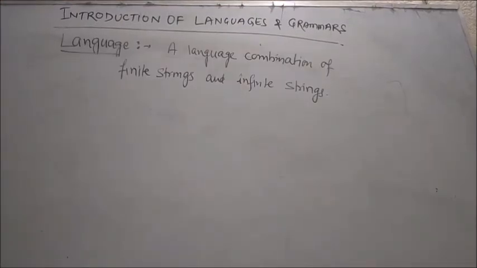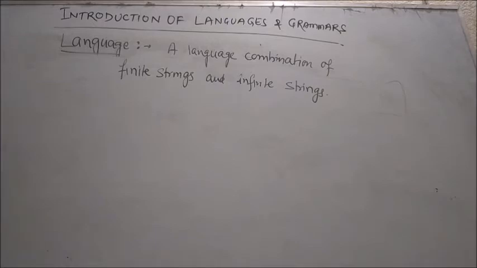So let us talk about language. What is a language? In the earlier videos I have already told you, a language is a set of strings which can be accepted by any machine, whether it is a finite automata, PDA (pushdown automata), LBA (linear bounded automata), or Turing machine.